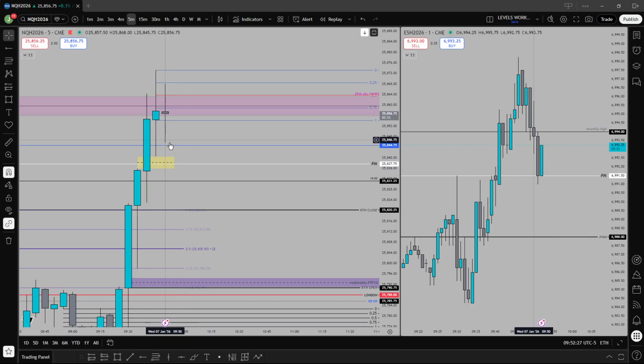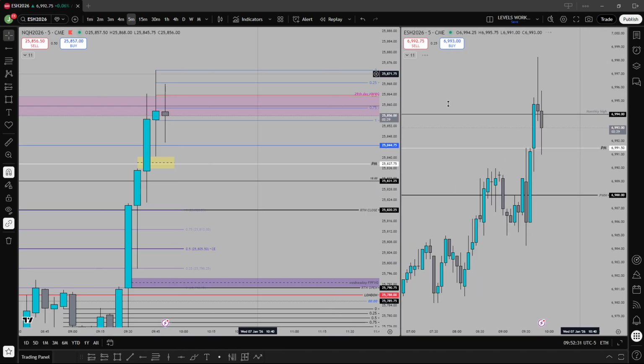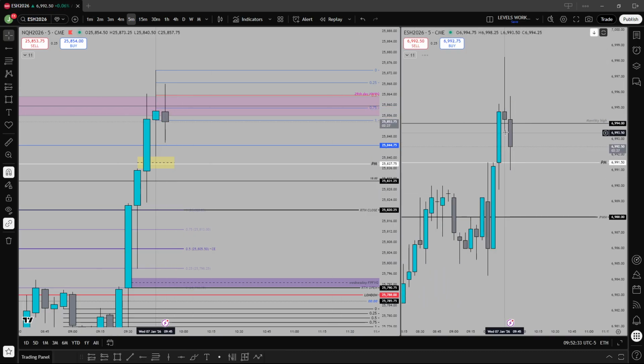Maybe it may try to tap this one. Yes, we are already below this low, but NQ just doesn't want to go down.